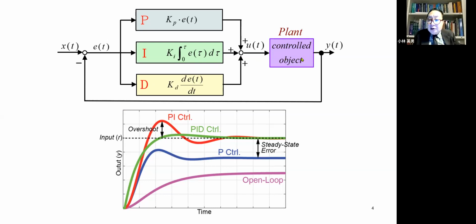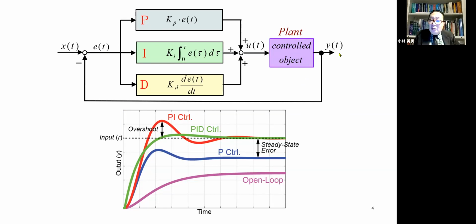I'd like you to refer to the upper flow. Here, X(t) is an input. E(t) is error. And this is PID, each controller. And here, the control object, also called plant in control engineering.